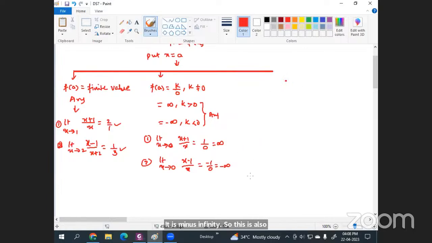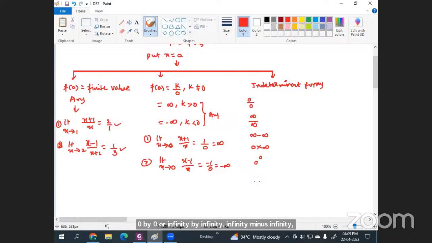Now we get the third form, which is indeterminate forms. Indeterminate forms means in the limit you may get 0 by 0 or infinity by infinity, infinity minus infinity, 0 into infinity, 0 power 0, 1 power infinity, infinity power 0.